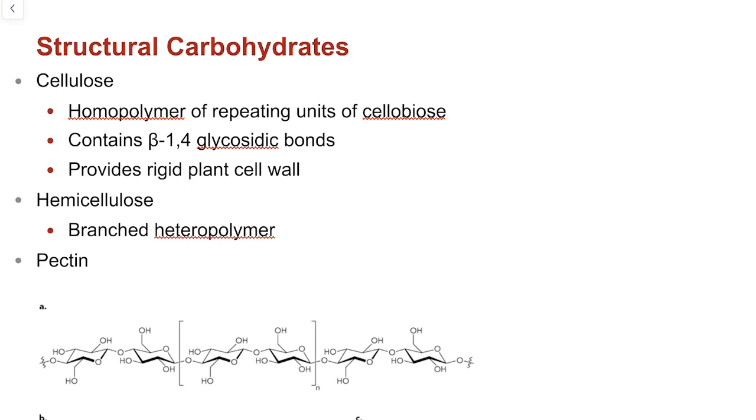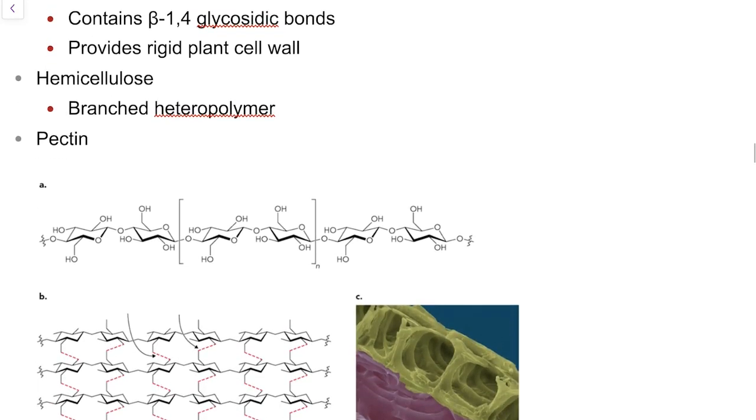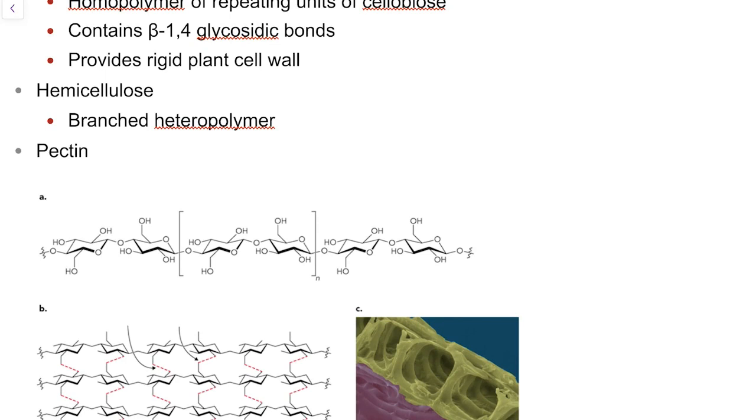The first is cellulose. Cellulose is a homopolymer of repeating units of what we call cellobiose. Cellobiose is the disaccharide, and you'll notice the linkage here is a beta 1,4. So we're linking from our anomeric carbon in a beta conformation from carbon 1 to carbon 4 of its neighboring unit, and this is going to be a continuing repeat.